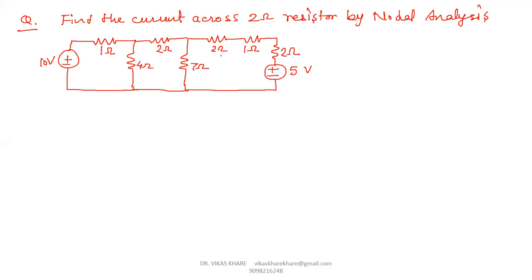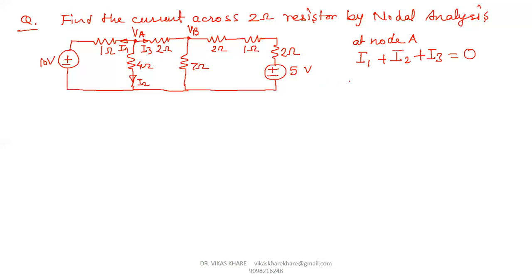First we identify two unknown nodes as VA and VB. Now the KCL equation in terms of I1, I2, and I3, again considered as outgoing direction. The equation at node A: I1 plus I2 plus I3 is equal to 0.